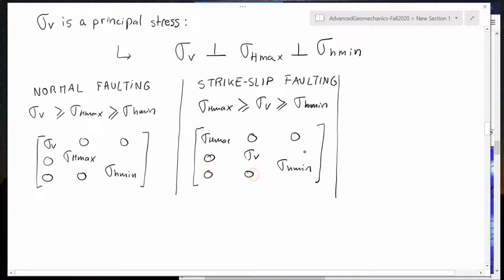And the other possible case is called reverse faulting. And in this case, now the least principal stress is vertical.